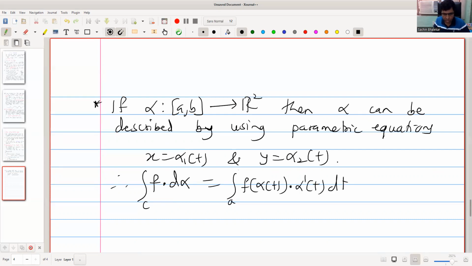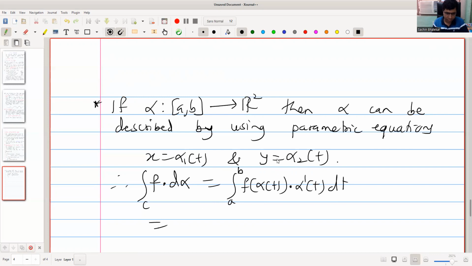And now we can realize that f of alpha of t means f of x comma y. It is f1 of xy comma f2 of xy, and alpha dash means it is dx by dt and dy by dt.